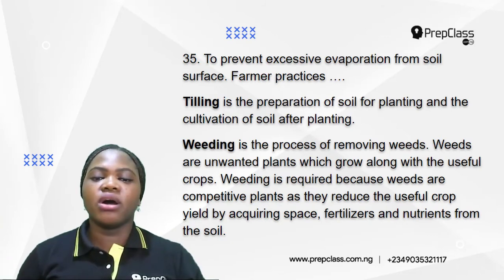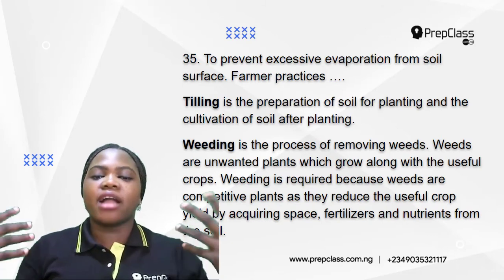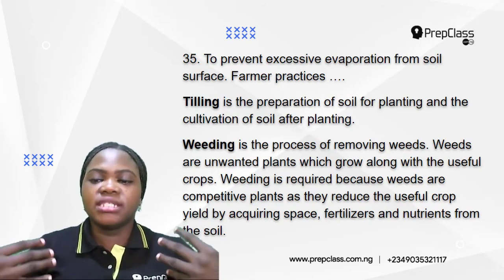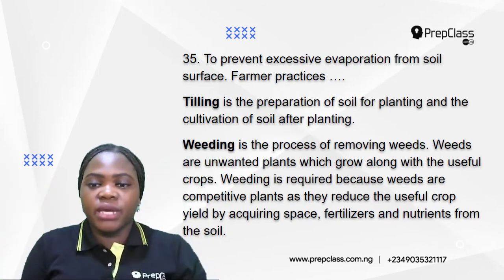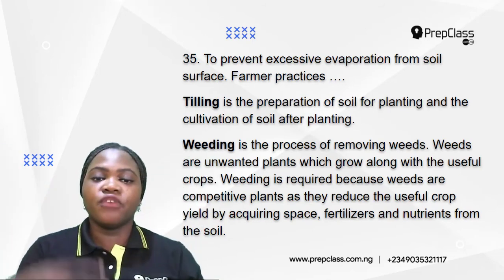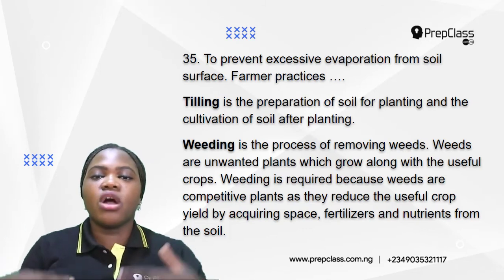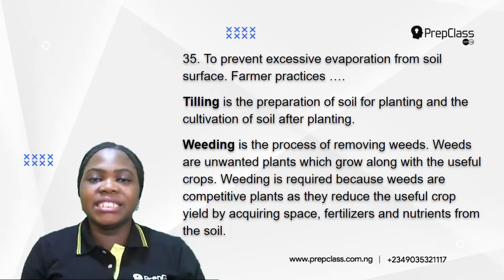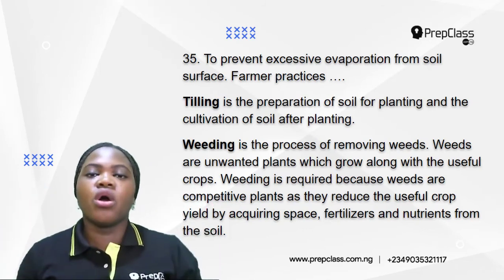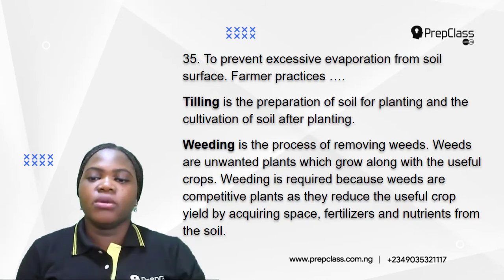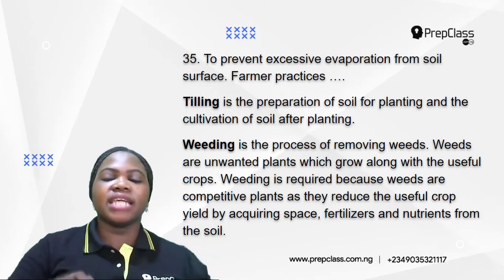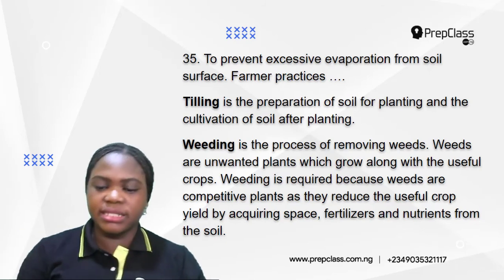Weeding is required because they are competitive plants. They reduce the crop yield by taking up space, fertilizers and nutrients from the soil. So all these things will not get to the plants that really need them. Instead, the weeds will compete with them and take it from them. So weeding is the process of removing these weeds.